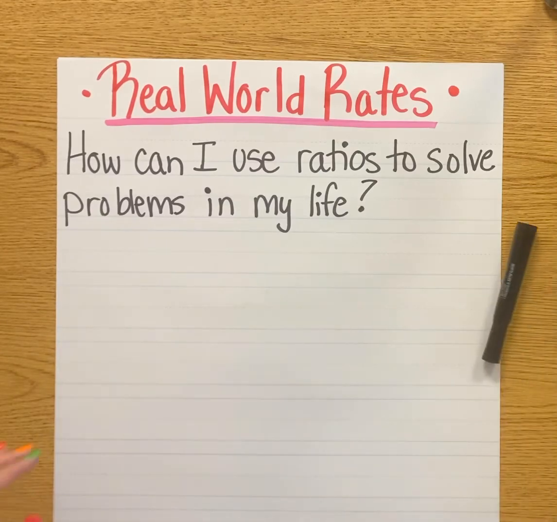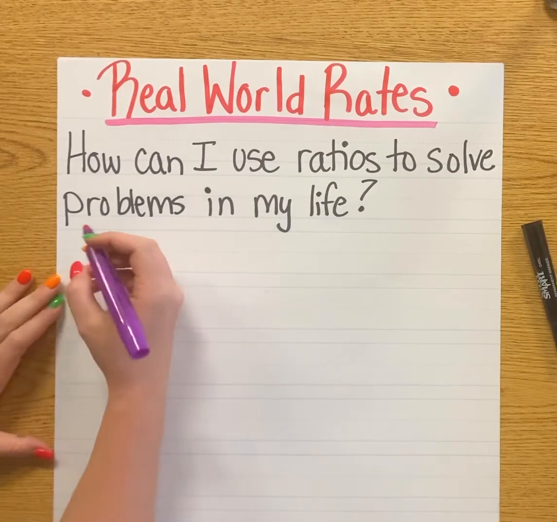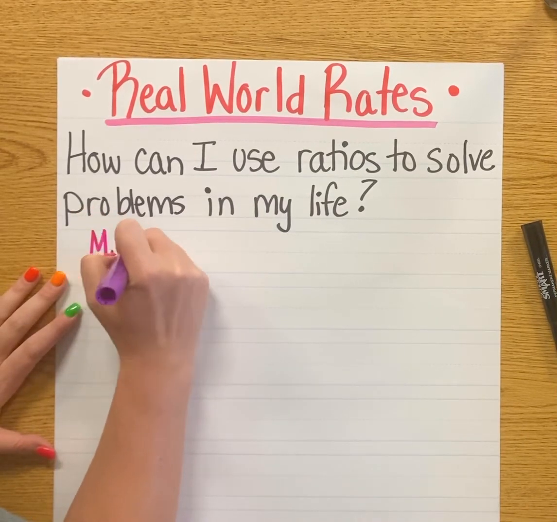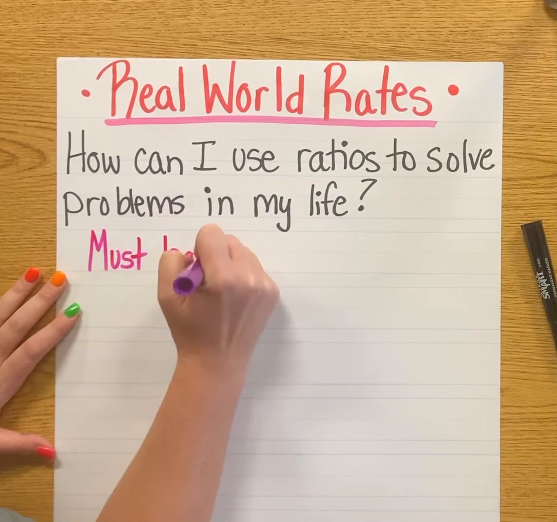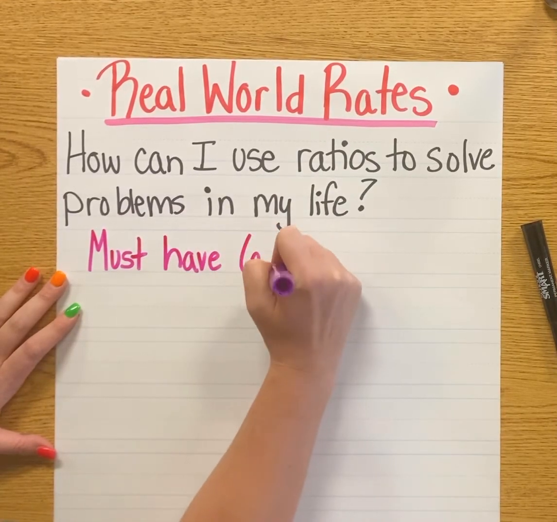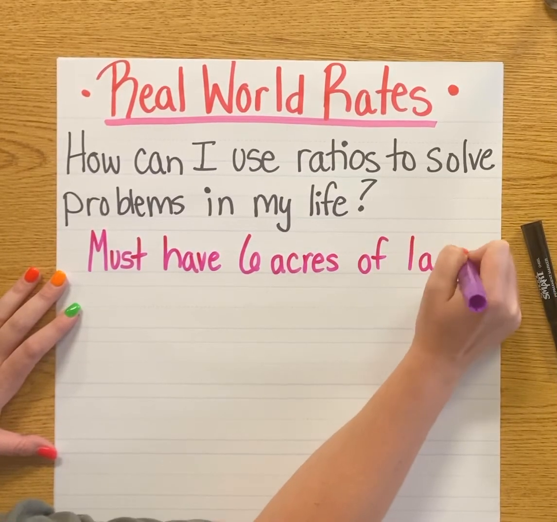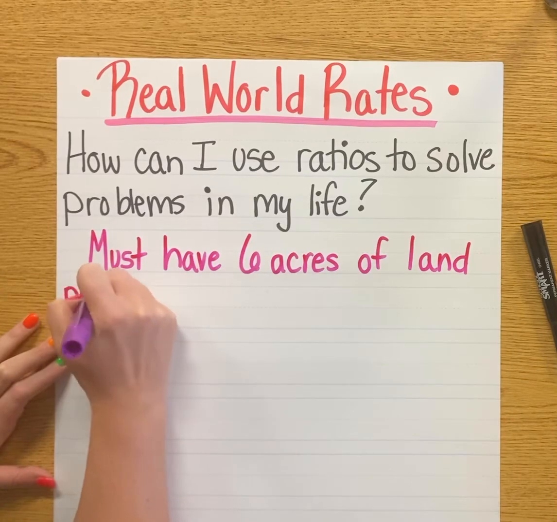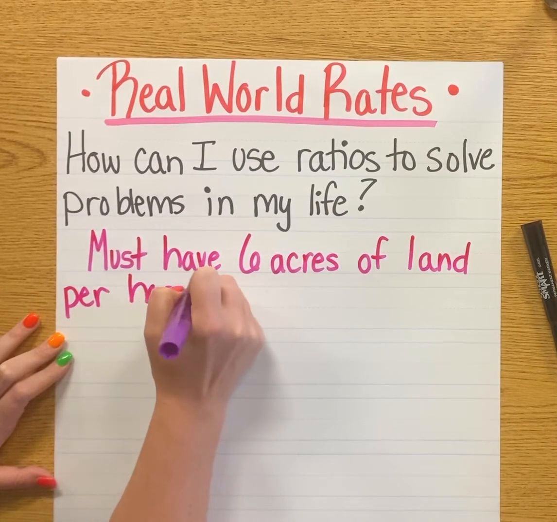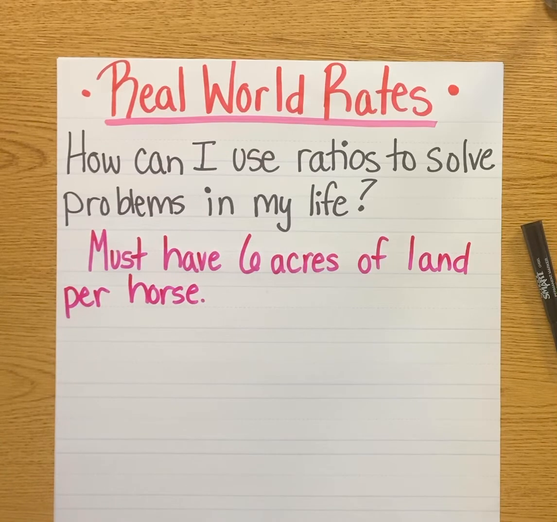Okay, per horse that we want to have, we must have 6 acres of land, because they need to have plenty of space to run around.